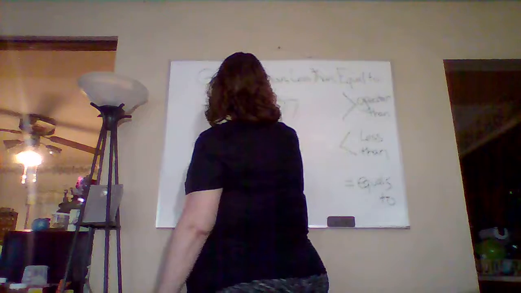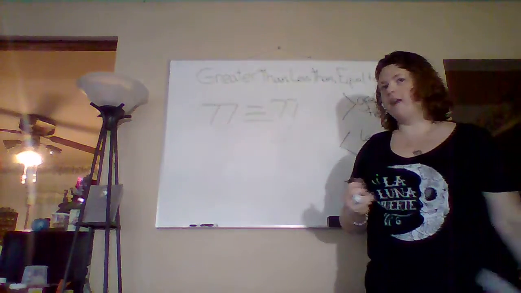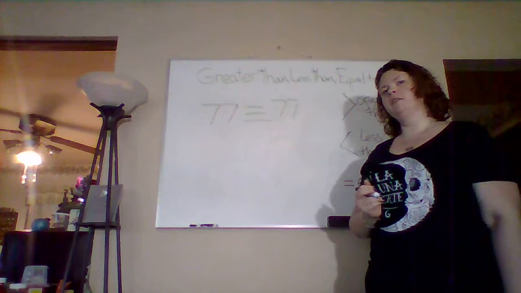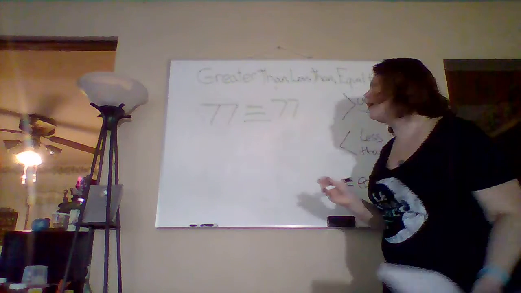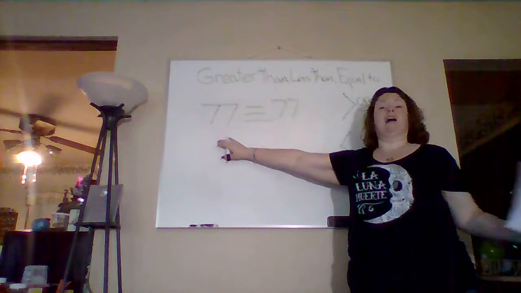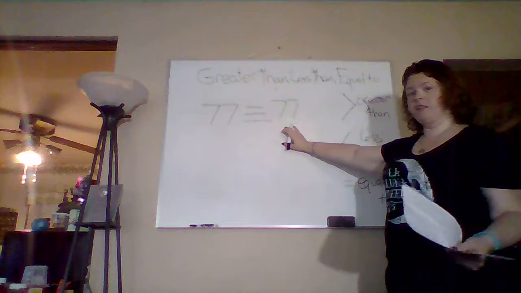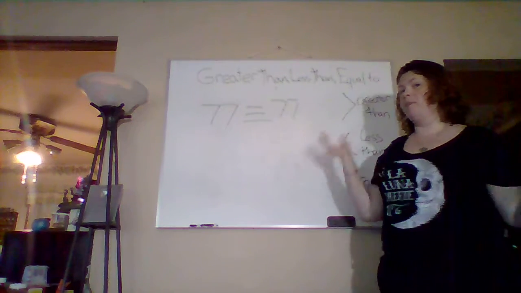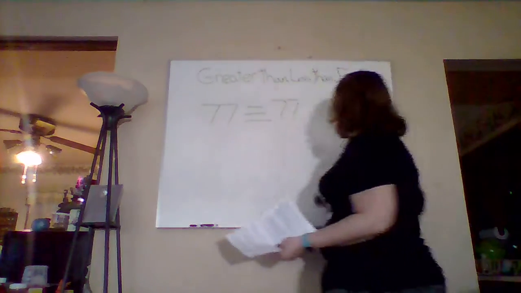Right, equals to. Good job. And do you know why? Because 77 and 77 are the same. Exactly. So if Christina had 77 pieces of candy and Desiree had 77 pieces of candy, would it be the same? Right, you got it.